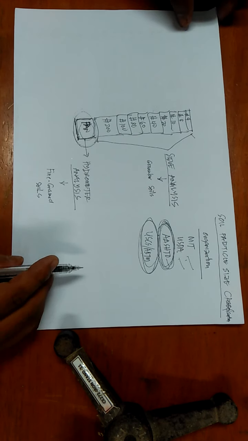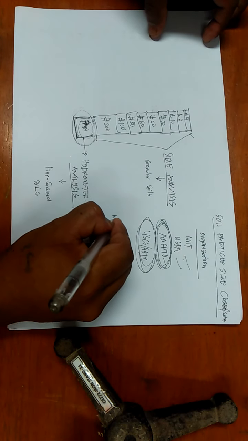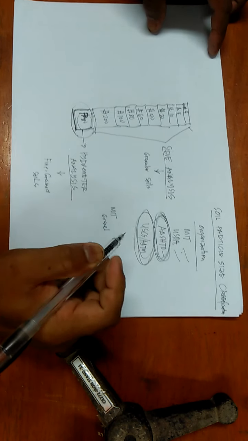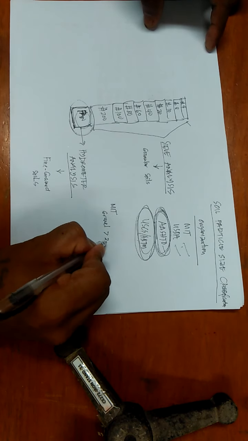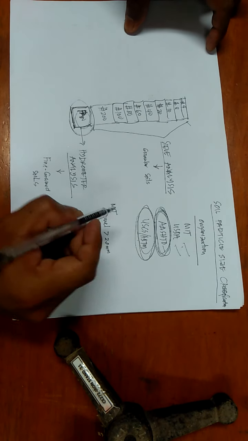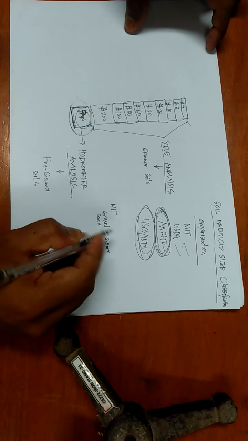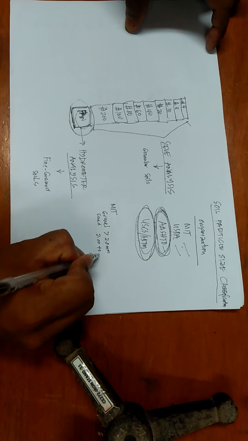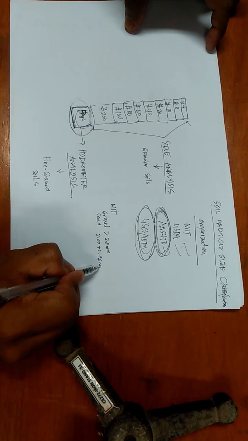Sabi niya sa MIT, ang gravel niya is greater than 2 mm. Sa MIT yan. Ang sand naman sa MIT, nagre-range siya sa 2.0 to 0.06 mm.